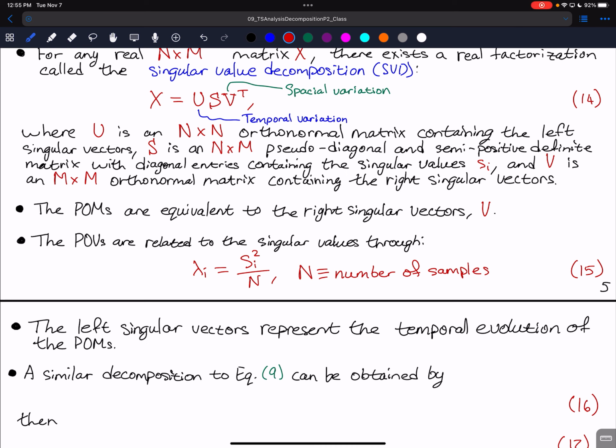And then, like I said, the left singular vectors represent the temporal variation.